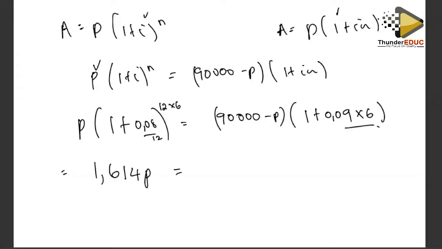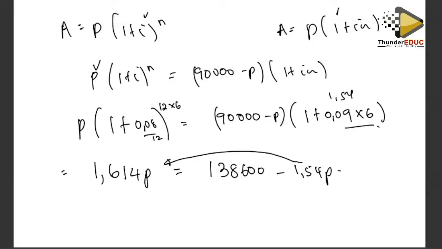When I simplify that bracket first, 0.09 times 6, I'm getting 1.54. Okay, I'll open up. So 1.54 multiplied by 90k, I'm getting 138,600 minus 1.54P.